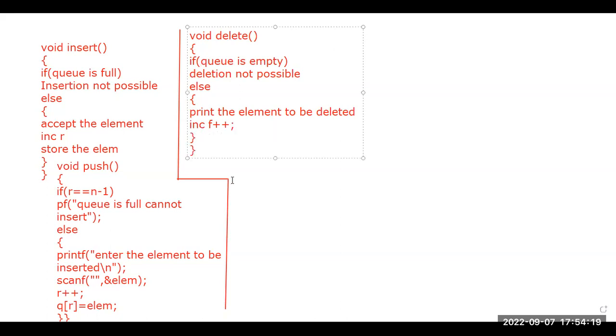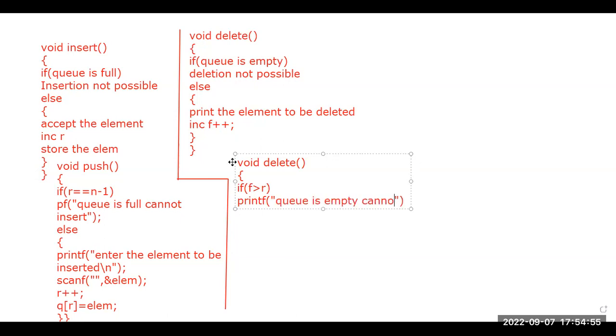Yes or no? Yes, sir. Can't all of you develop the code for this? Is it that difficult? No. Here, simple. Void delete. Here I'll write if Q is empty, how can I say Q is empty? F is greater than R. Directly print, Q is empty, cannot delete.